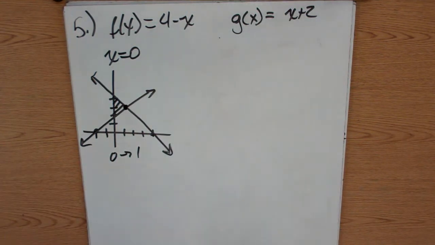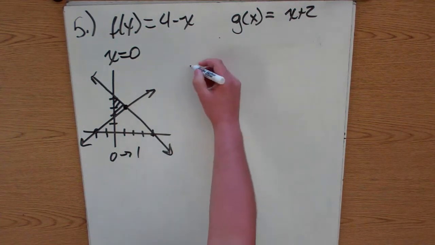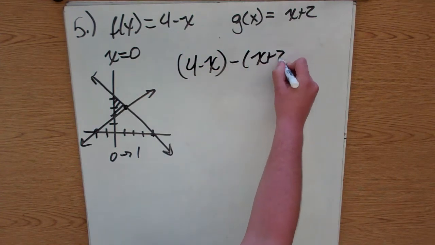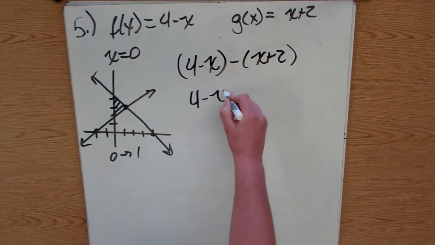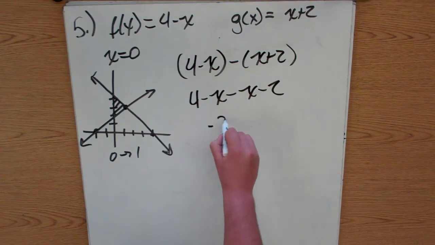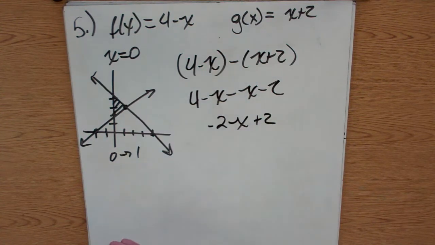Alright, so now we need to figure out the function on top, and subtract the function on bottom from that. Well, we know that the 4 minus x is the function on top, so 4 minus x minus the quantity x plus 2. So 4 minus x minus 2. So this is negative 2x, and then 4 minus 2 is positive 2.